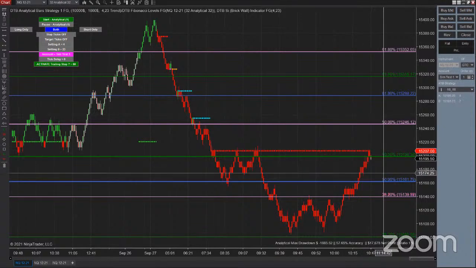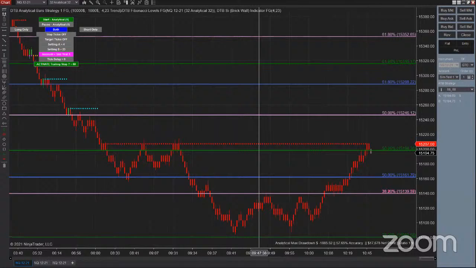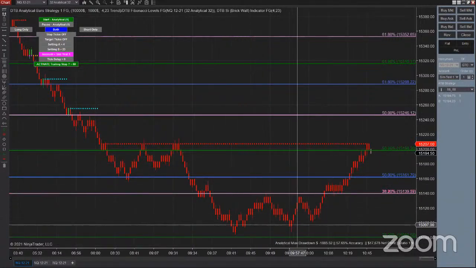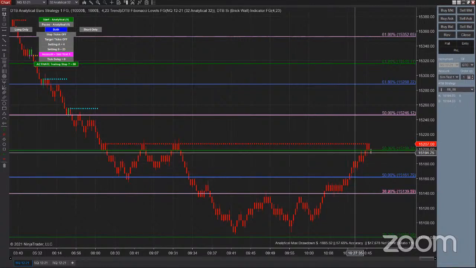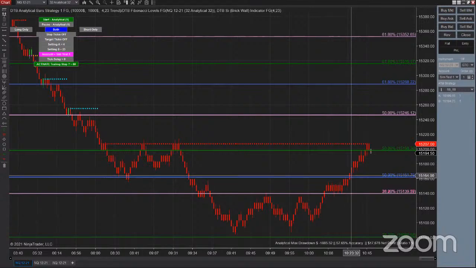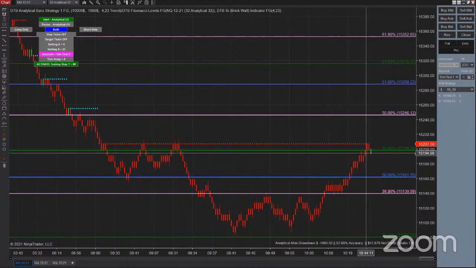So look how this optimized result gave you that this is a sell, and the only time this was going to change over was when this price broke through the brick wall. So basically it broke over that 50% and just continued running all the way up to the next 50%.